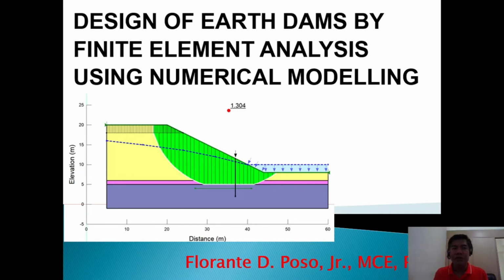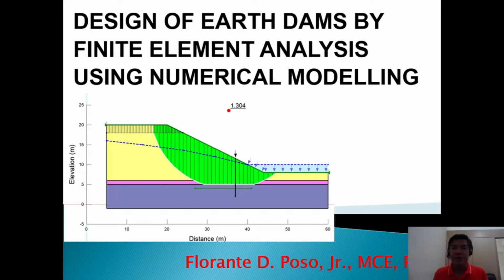Part of the submission of the calculation reports of the different structures that we design will be that manual calculation, using those empirical equations that we learned from our college years, and we apply them in the design analysis.